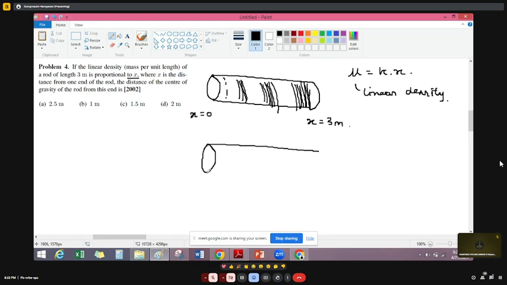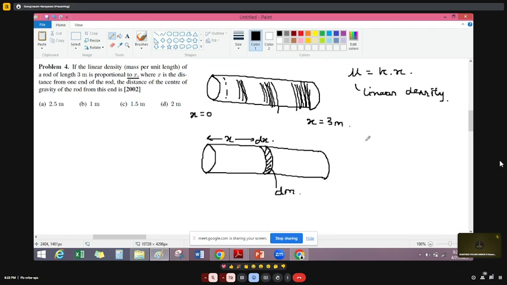Everyone understanding the problem? Only if you understand that it is not a uniform rod, you'll be able to apply the integration concept. So that means we take a small region, which I'm going to call dx. It's located at a distance of x. And this small region is going to have a small mass dm.